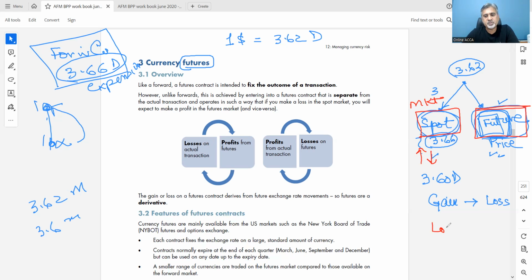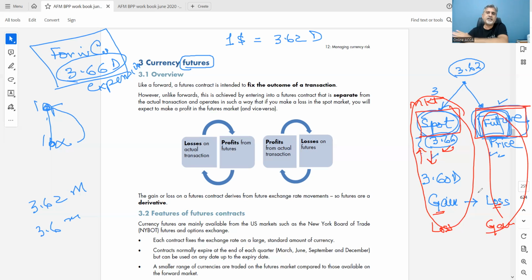If I make a loss on my actual transaction, which is the purchasing of dollars, then there should be a gain here. Or if I make a gain here, then there will be a loss here. So whatever gain or loss I make on my actual transaction in the spot market will be somewhat covered by the alternative future contract. Okay. Now, how it will be done, I will explain to you.